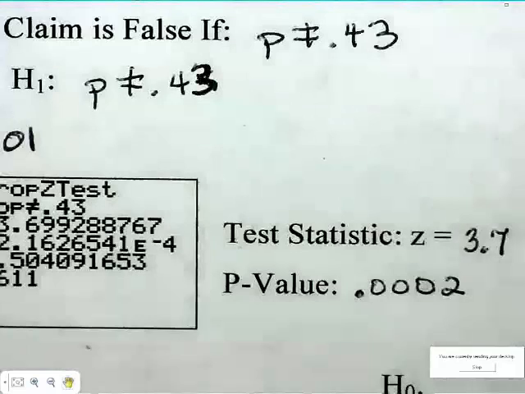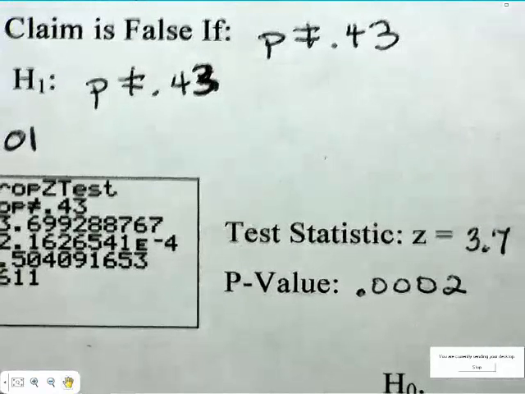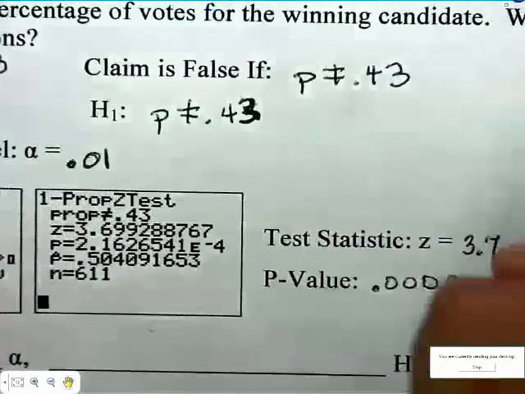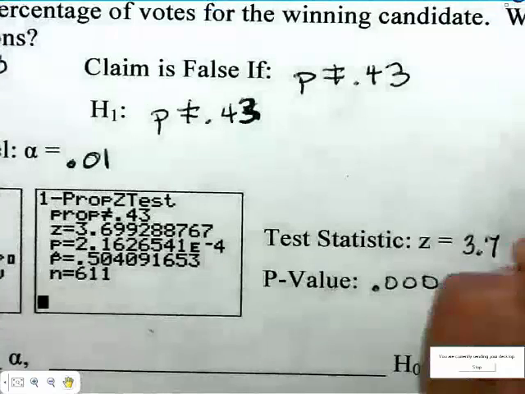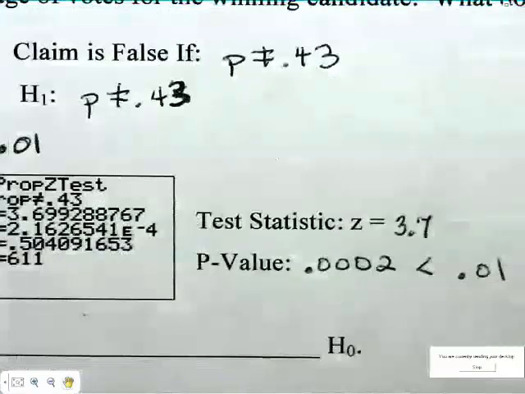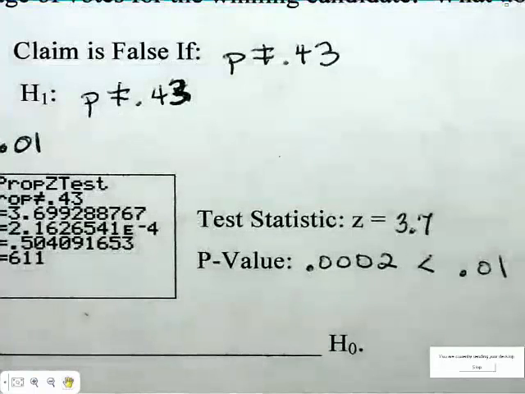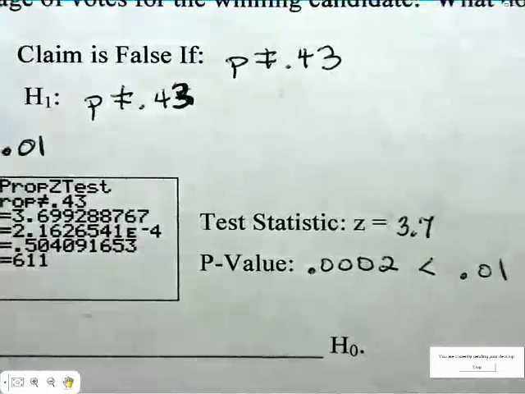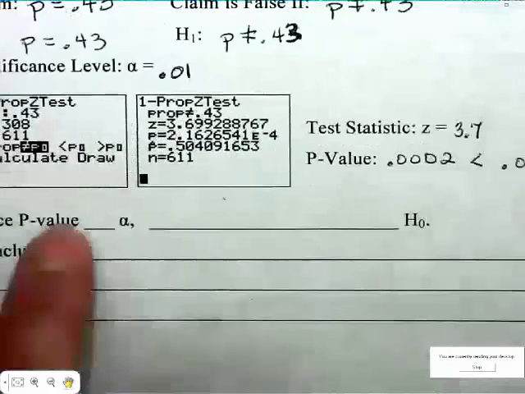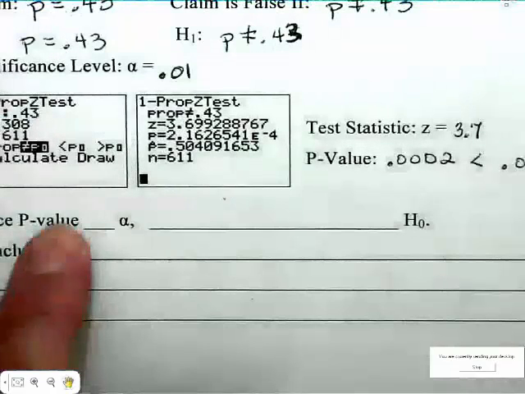And is that less than or greater than my significance level? So in step 6, say what that tells you about the null hypothesis. The p-value is what compared to alpha?